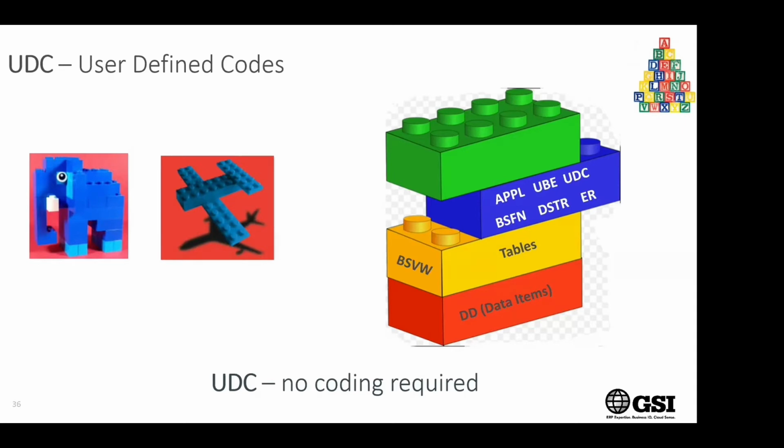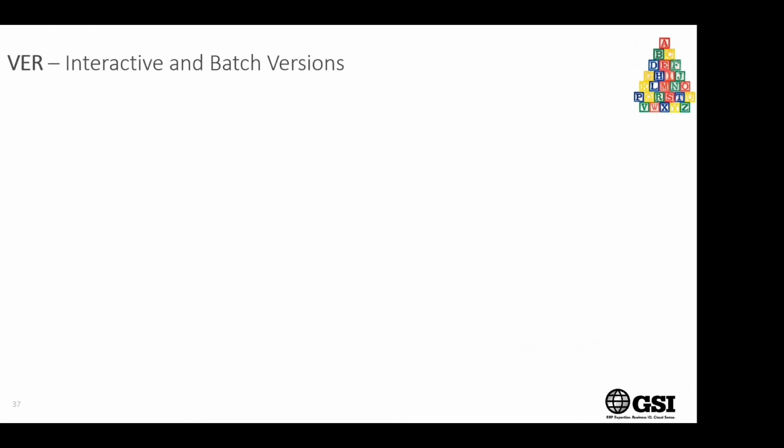A user-defined code is basically a set of values assigned to a field. And we don't need to open or revise the code to include those values on that field. All you have to do is find the right UDC combination of header and detail, or keys, and you'll be able to add a value to it.